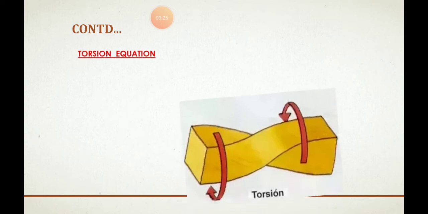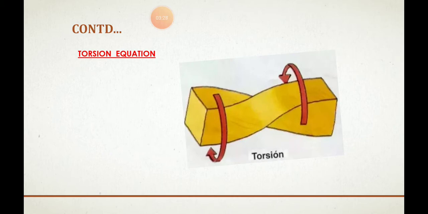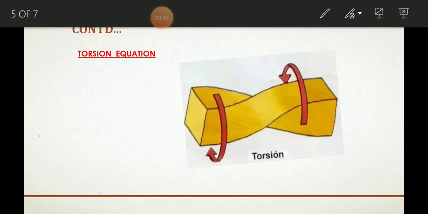Next we'll go to the torsion equation. This is a diagram I showed you to demonstrate torsion. When the shear stresses are acting in equal and opposite directions, there will be a torsion in the element.